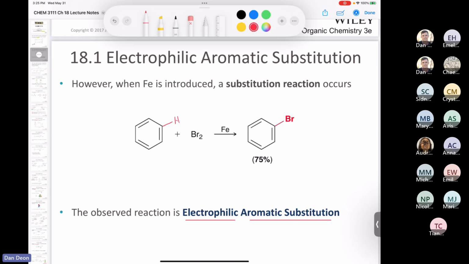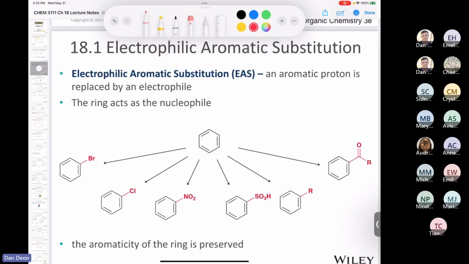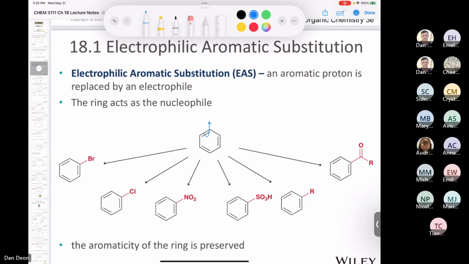So let's move on from there. But before we do, let's get a little preview of what we're going to see. If we put an aromatic ring in the presence of a strong enough electrophile, it can act as a nucleophile, and we can do bromination reactions, chlorination, nitration, sulfonation.